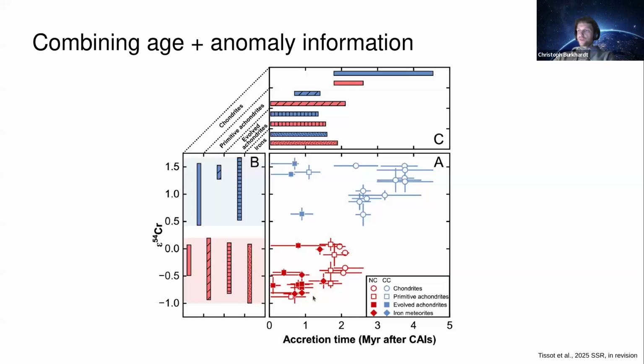But what is obvious to see is first, there's again the two families. There's a red family and a blue family. And if you look at the timing, then these bodies formed in both families at the same time. So there's overlap in time of formation between both families.